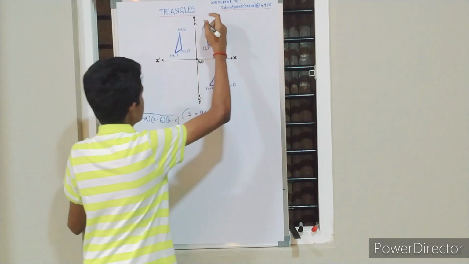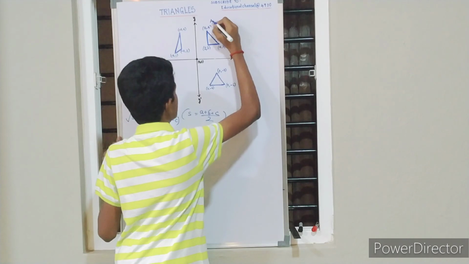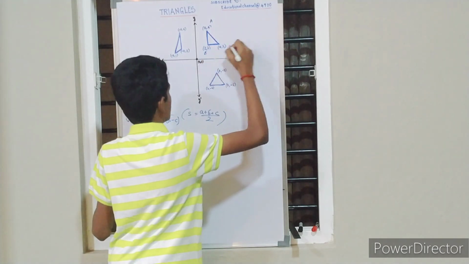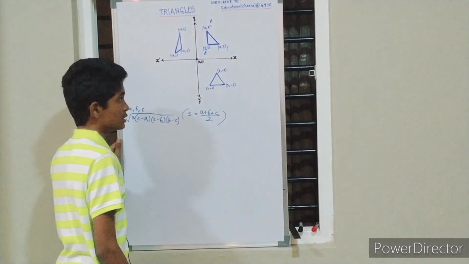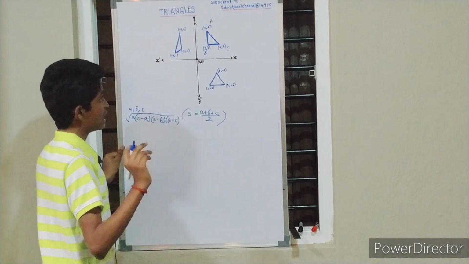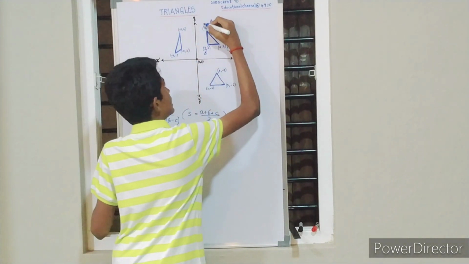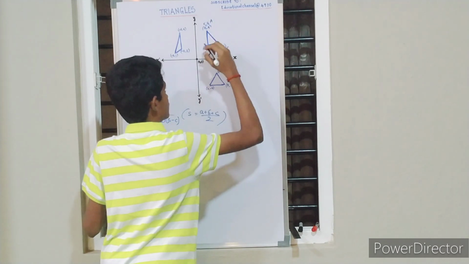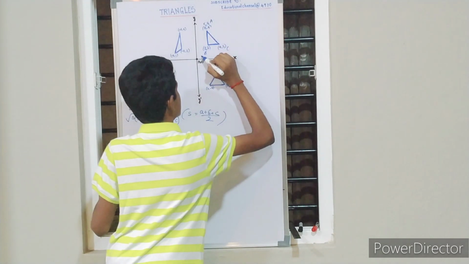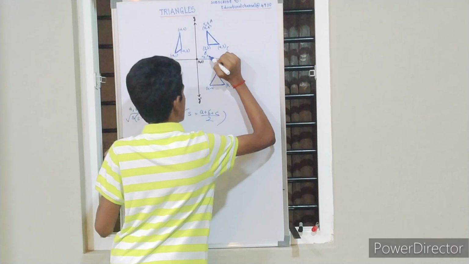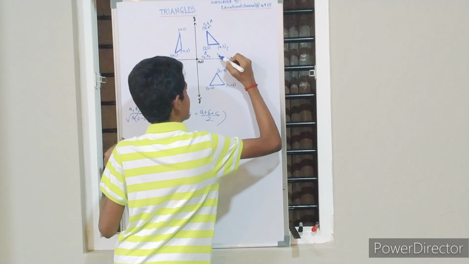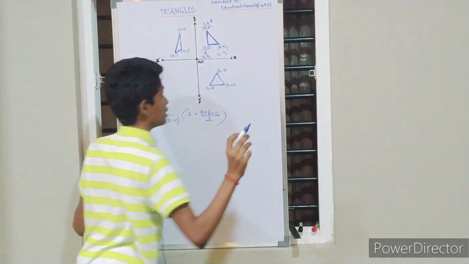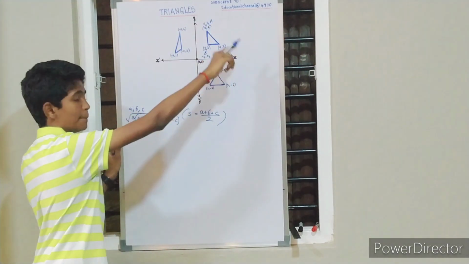I'm going to call this A, this B, and this C. Very simple. Now I'm going to call A as x1, y1, and then this is x2, y2. This is x3 and y3. Okay, I have labeled them.